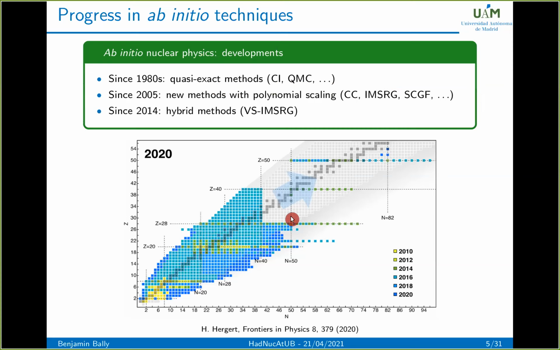Thanks to these methods, it has been possible to push the reach of nuclear ab initio methods up to medium mass nuclei, and some nuclei that can be considered as maybe heavy, around 100 nucleons, although it's still medium mass in a sense.